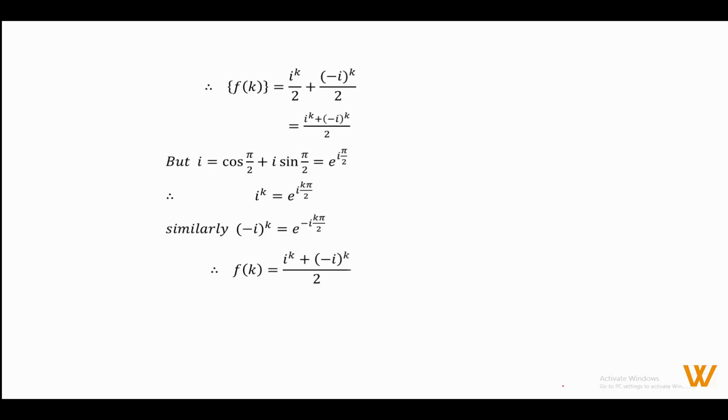And therefore f of k is I raised to k plus minus I raised to k upon 2, which is e raised to I k pi by 2 plus e raised to minus I k pi by 2, upon 2. Now this is the formula of cos k pi by 2. So the answer is option B, cos k pi by 2.